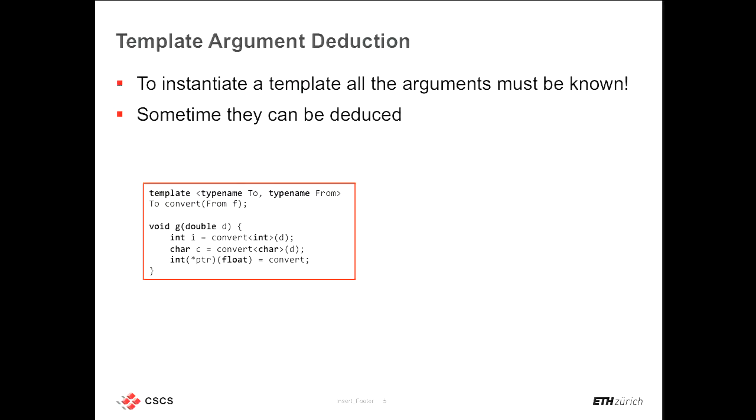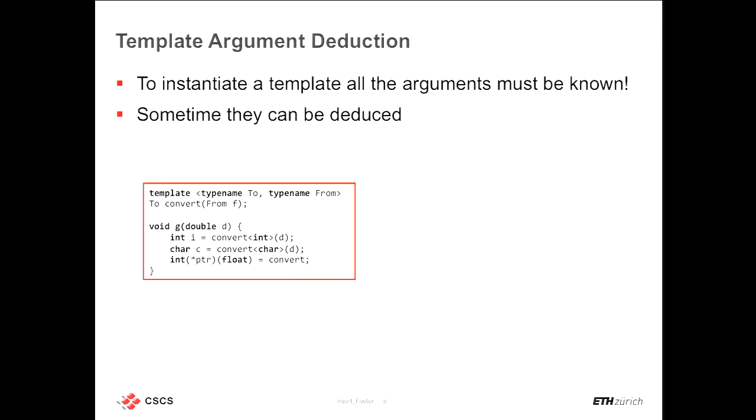This one will have a syntax like convert a double d to integer. The first argument is To, the second is deduced to be double. Or convert char to int pointer, it takes a float to convert.